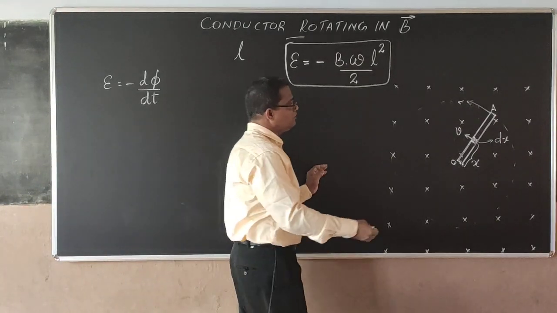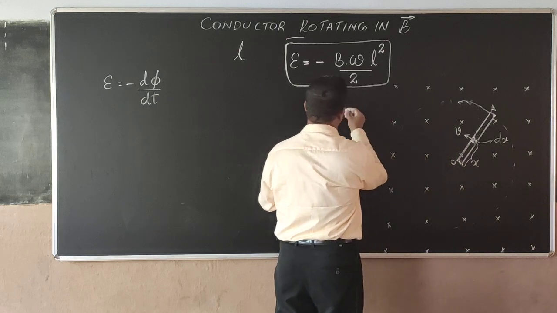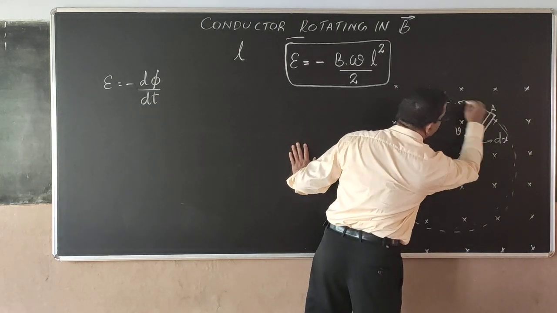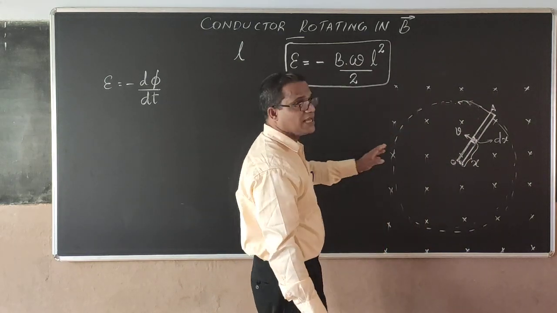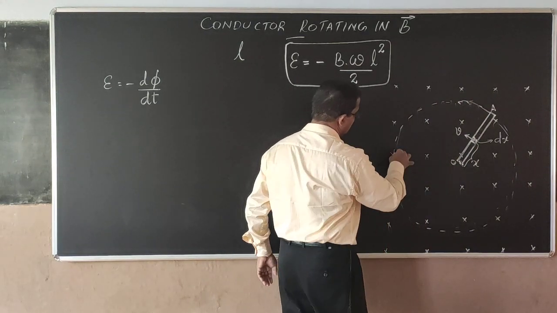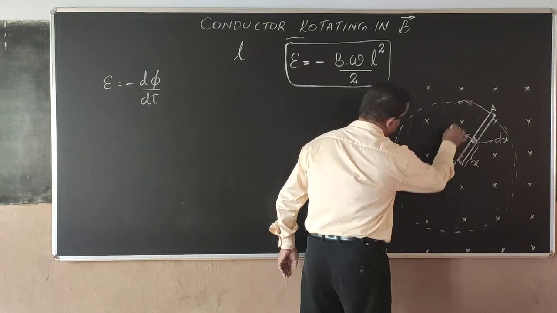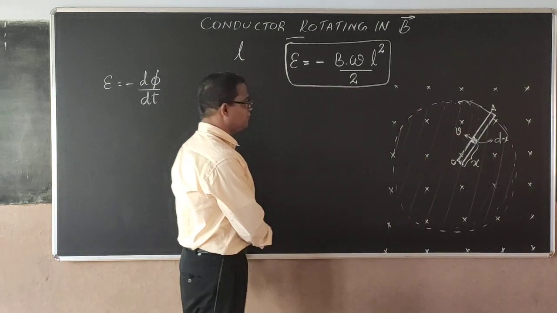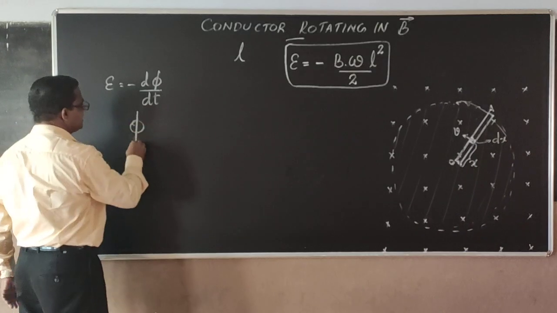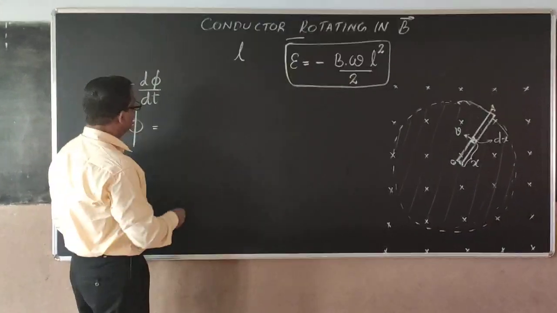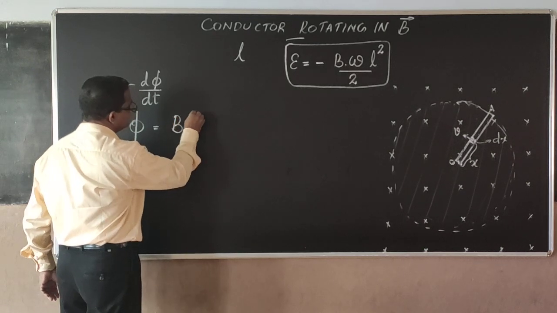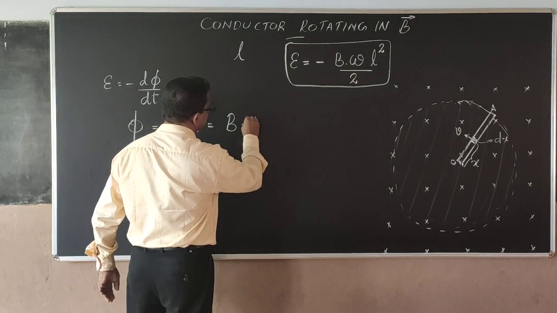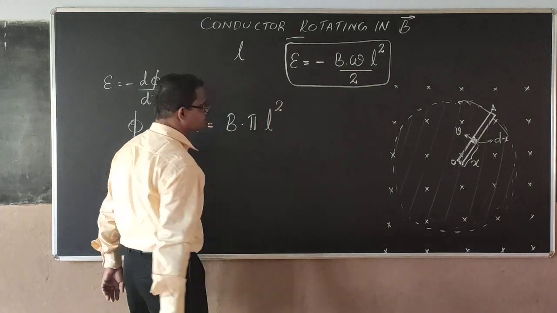As you rotate it with a definite angular velocity omega, this will be describing an imaginary circle of radius L. Within that circle, the magnetic field lines are being cut, and therefore the flux linked with that imaginary circle will be equal to B into A, that's equal to B into pi L square.